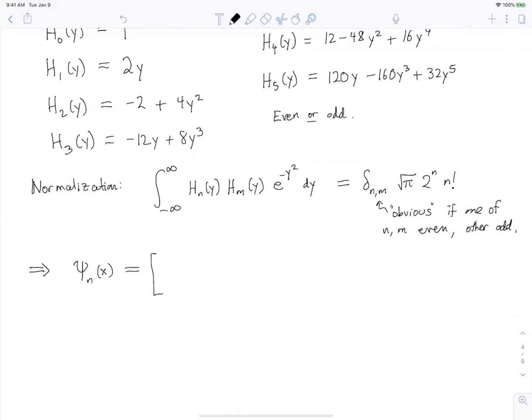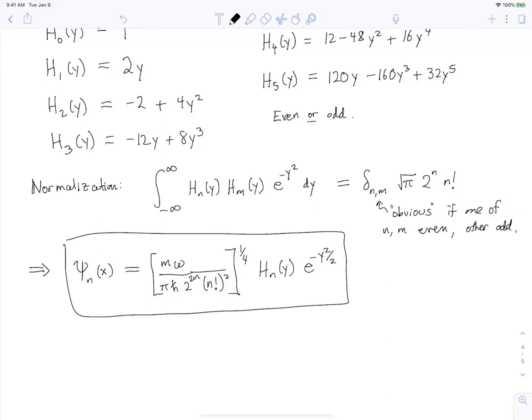It turns out to be m omega over pi h bar 2 to the 2n, n factorial quantity squared, all to the 1/4, times the nth Hermite polynomial that you can get from our recursion relations. And then we can't forget the factor e to the minus y squared over 2. Okay, and so those are our stationary state wave functions, and these are orthonormal.